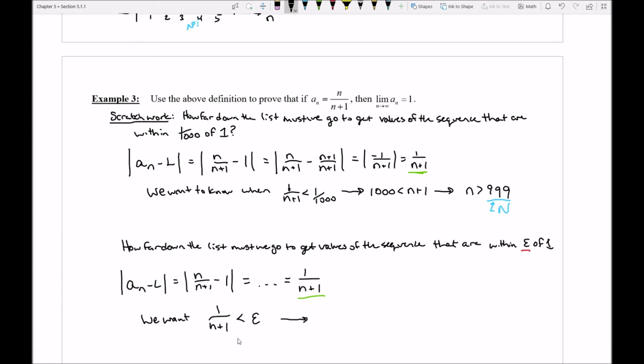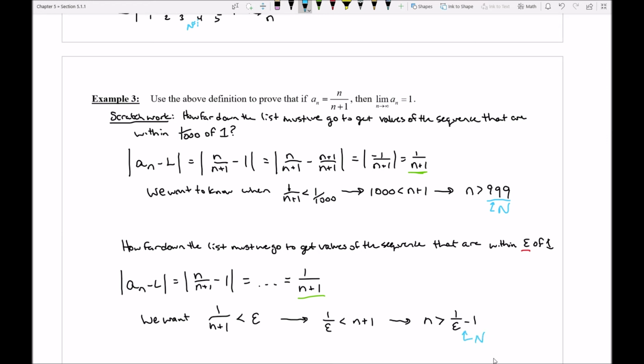If I multiply both sides by n plus 1 and divide both sides by epsilon, I end up with 1 over epsilon is less than n plus 1. And so n should be greater than 1 over epsilon minus 1. Notice that this again tells me a big blue value of n.